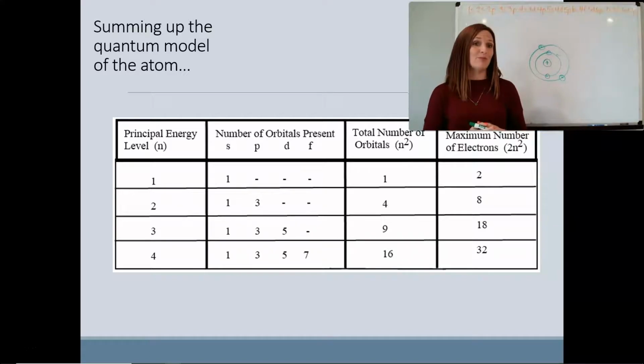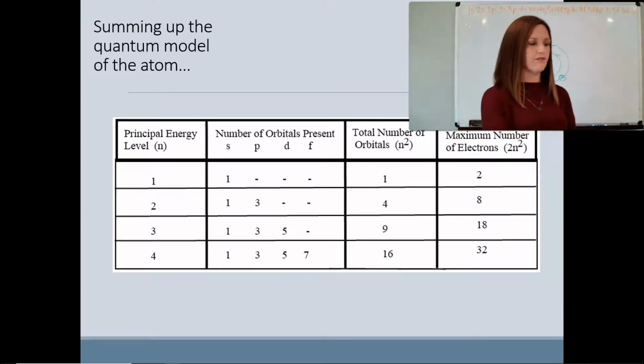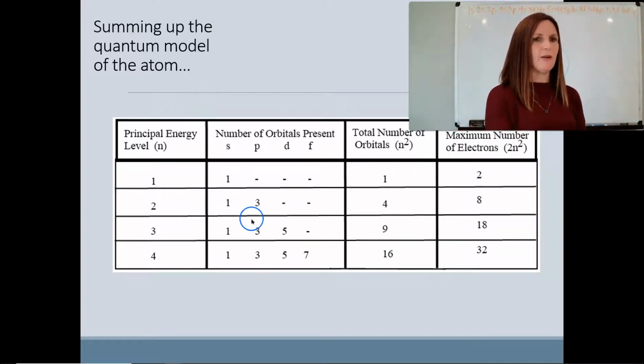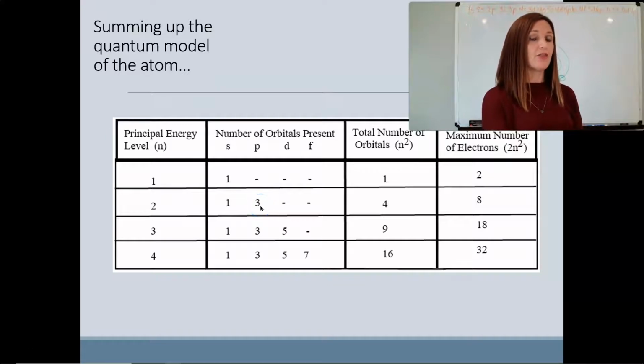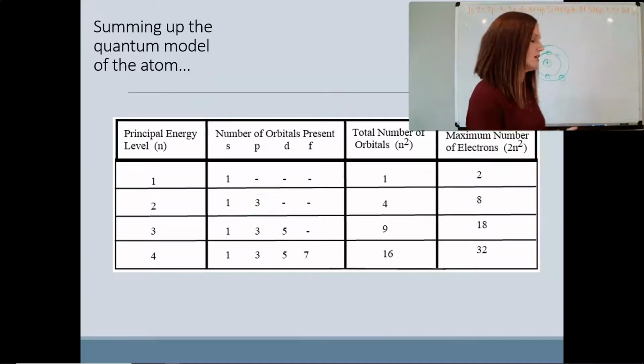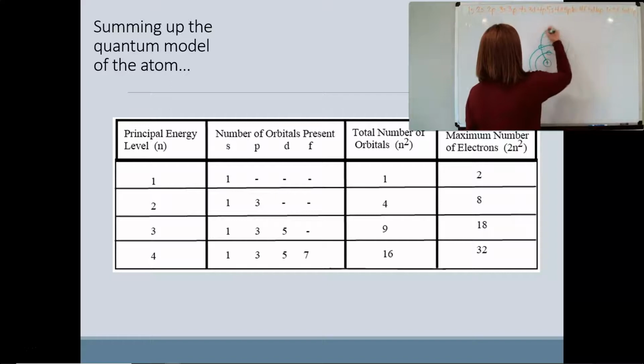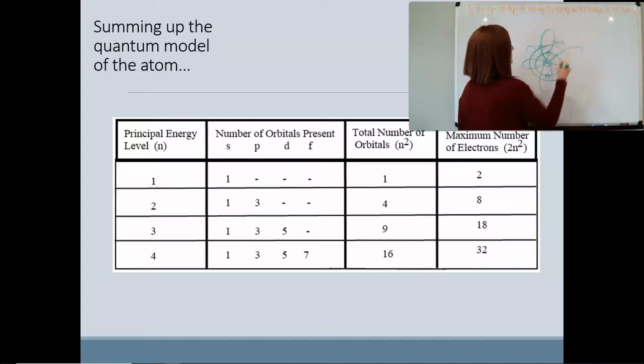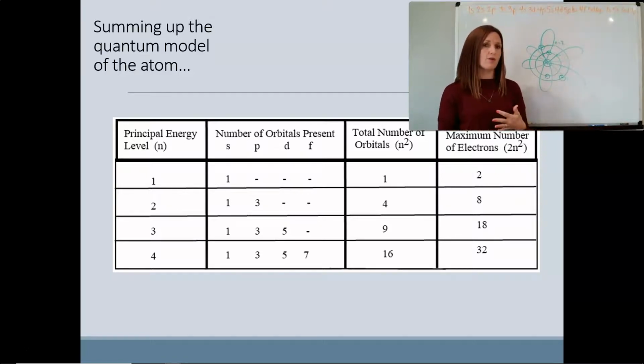Now we start to get a little bit more fun because the next orbital that fills is going to be a p orbital, and it's going to have 3 possible orientations. 1, 2, 3. So this is still n equals 2 out here, and it has our s and our p orbitals.